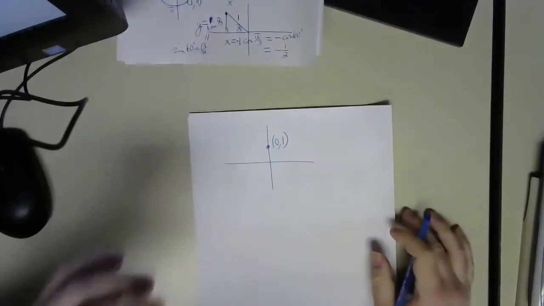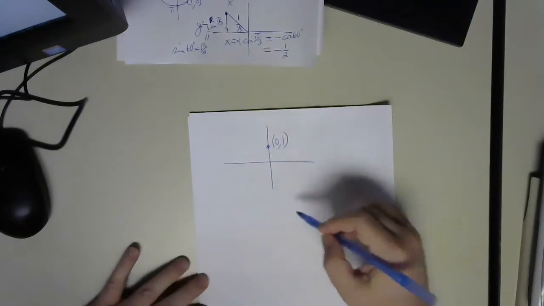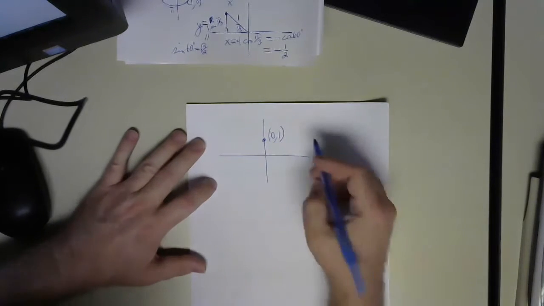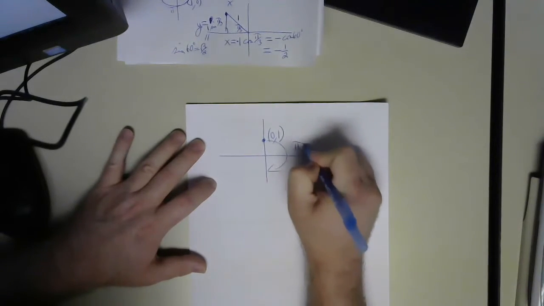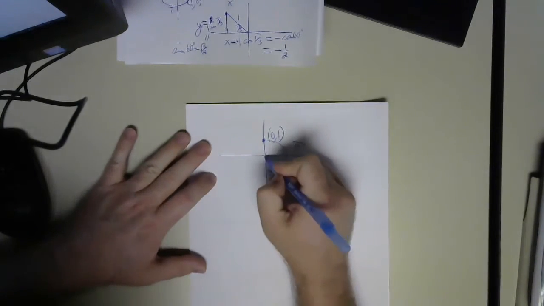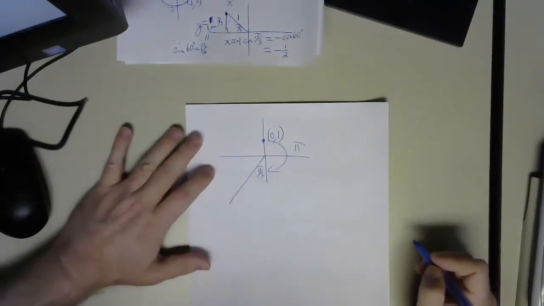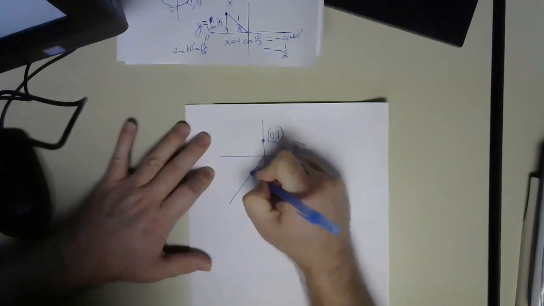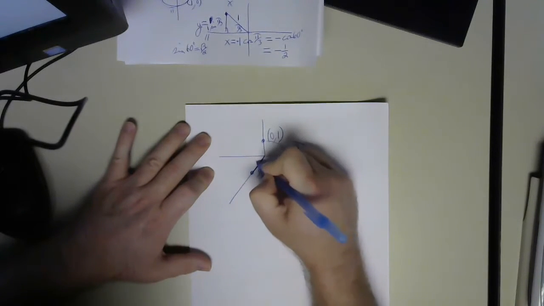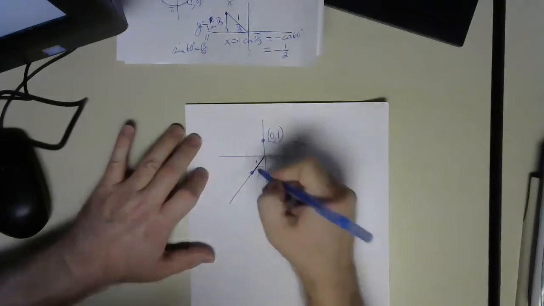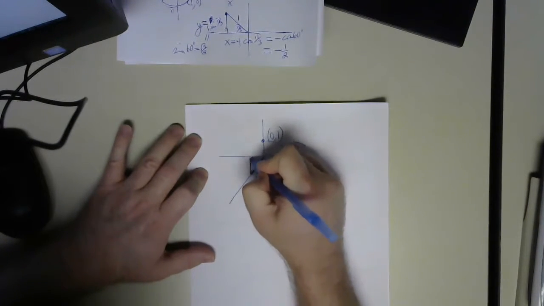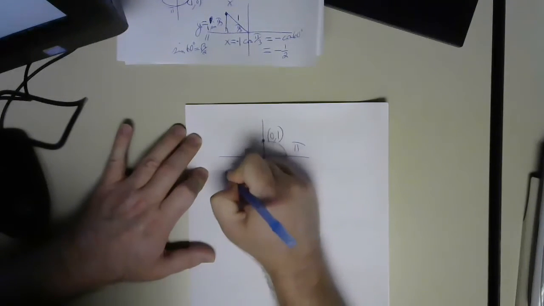So what happens to 0, 1 when we rotate this thing clockwise 4 pi over 3 radians? Well, right there, that's just pi. 4 pi over 3 is going to be a little bit further than that. It's going to give me a pi over 3 right there. It's still going to be 1 unit away from the origin, so that's 1 right there. So I just have to figure out the x and the y for this particular case.